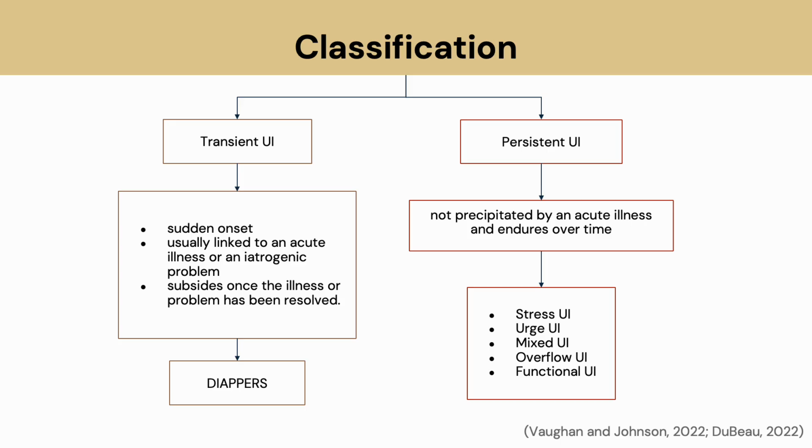Persistent UI can be classified into 5 major types: stress UI, urge UI, mixed UI which combines stress and urge symptoms, overflow UI, and functional UI, which we will look at in more detail after.